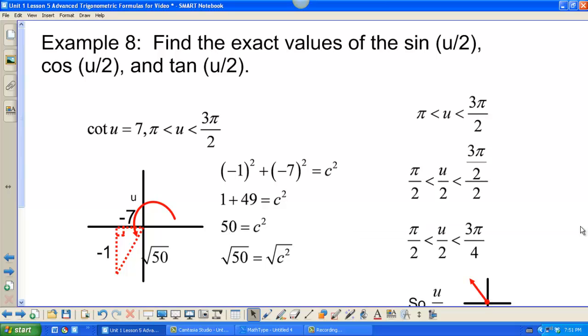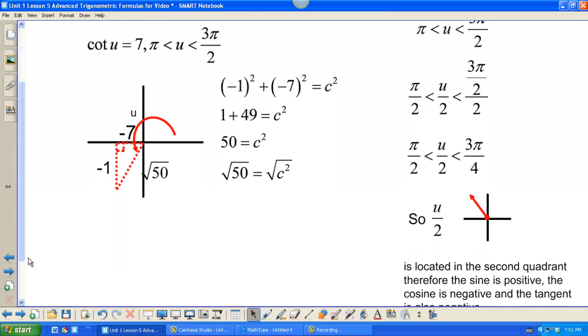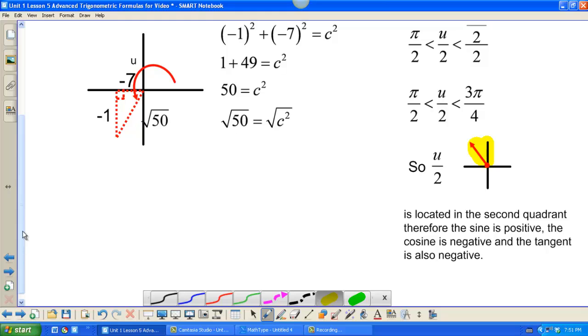And in doing so, u over 2, or the half angle, is going to lie between pi over 2 and 3 pi over 4. So the half angle lives in the second quadrant. Since the half angle lives in the second quadrant, the sine will be positive, the cosine is negative, and the tangent will also be a negative value.